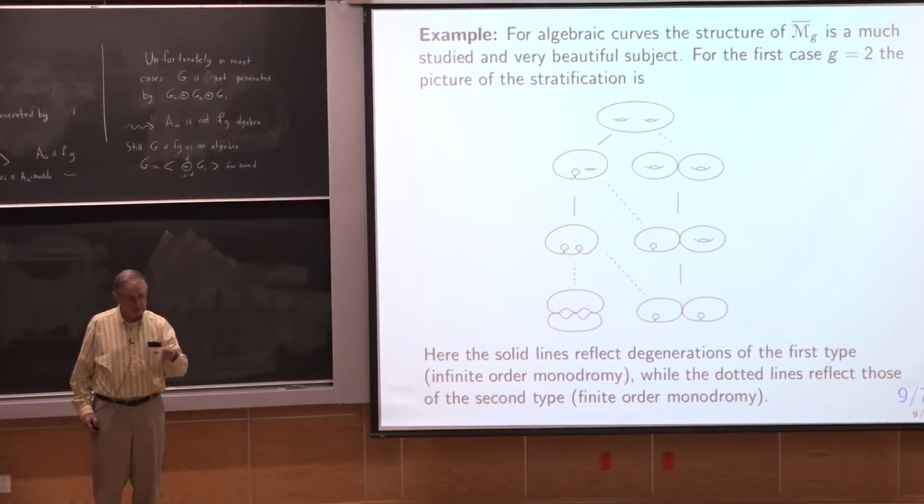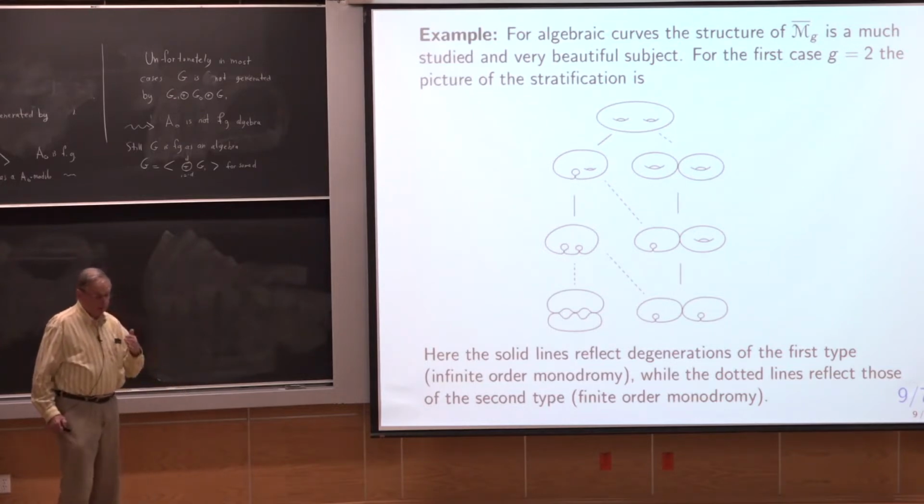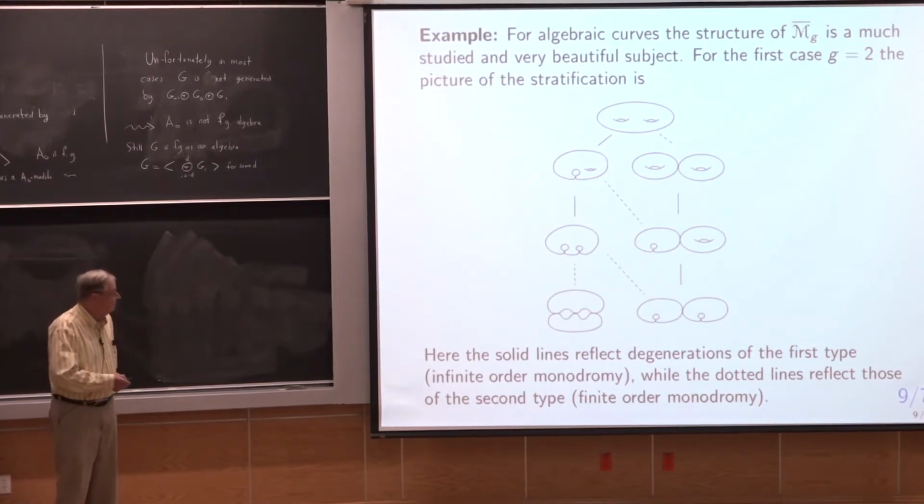What's the action of taking a cycle and going around the origin in this topological family? That's monodromy. It's the basic topological invariant of how an algebraic variety degenerates. So those are the solid arrows.